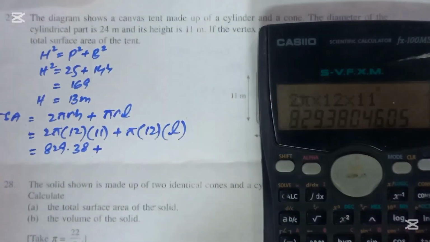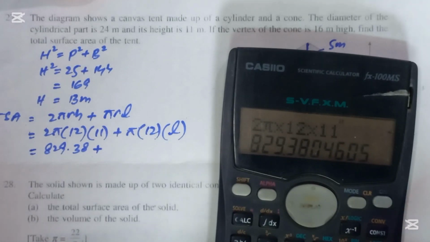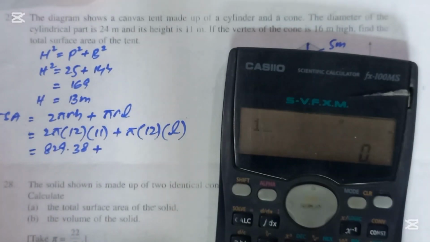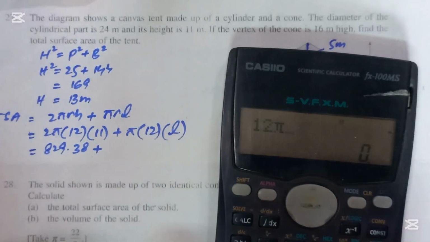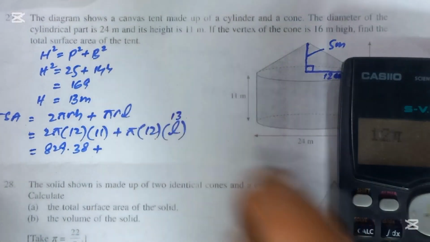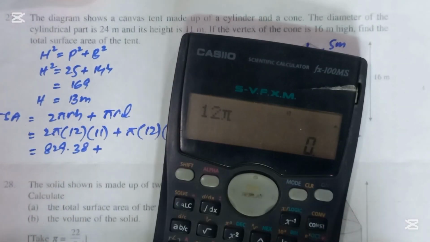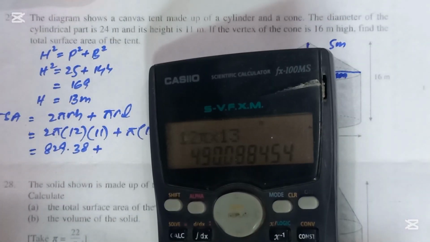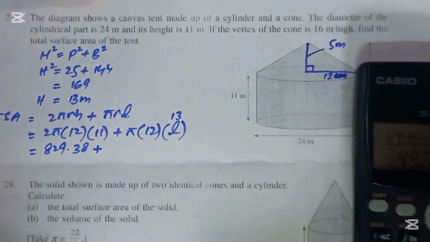Plus, now this will be solved, 12 pi multiplied by L, that is 13. 12 pi multiplied by 13. Answer is 490.09.